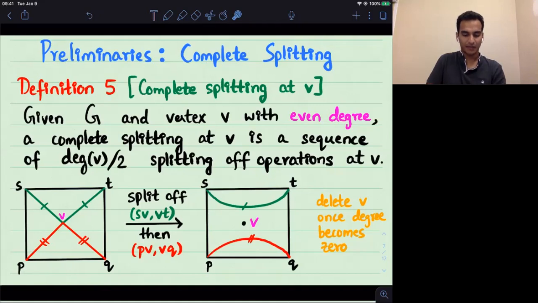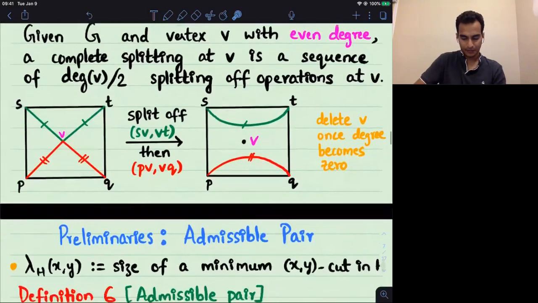A complete splitting is a sequence of degree of V over 2 splitting off operations at V. Here I've shown a complete splitting at V, in which the first operation is splitting off at SV and VT, followed by splitting off PV and VQ. This is the residual graph that you obtain. Since the degree of V becomes 0, it is customary to drop this vertex.